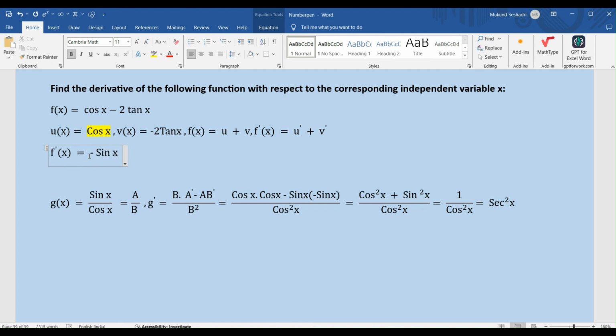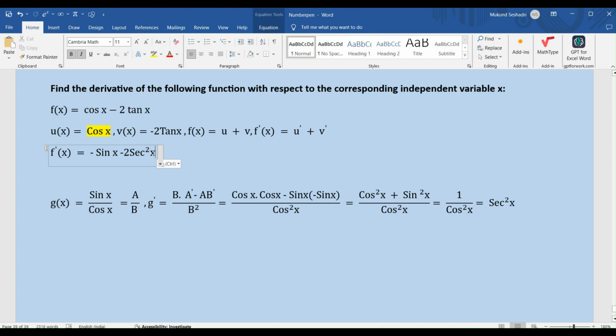And then I have my v dashed, which is d by dx of minus 2 tan x, right? So my minus 2 can be pulled out, because it's a constant. And what is my d by dx of tan x, which is what we saw using the quotient rule of differentiation? It is nothing but my secant square x, right? So let's write that out, secant square x. So minus sine x minus 2 secant square x is my final answer for this particular question, right?